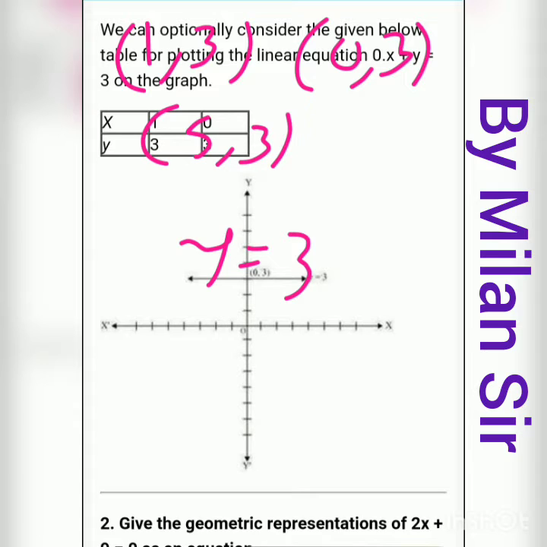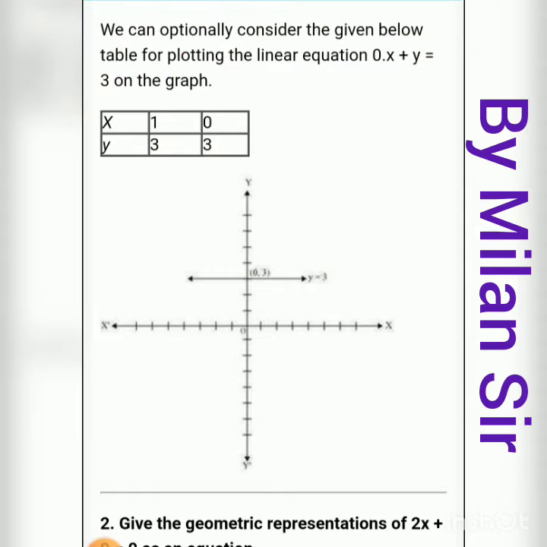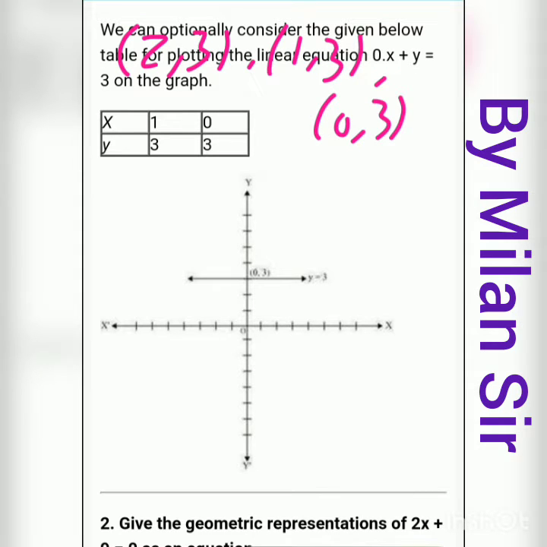So now take any two or three points. Here I am taking (2, 3), (1, 3) and (0, 3). You can take any value of x. Now for (2, 3), here we have 1, 2, and here we have 3, so this is the location of (2, 3).